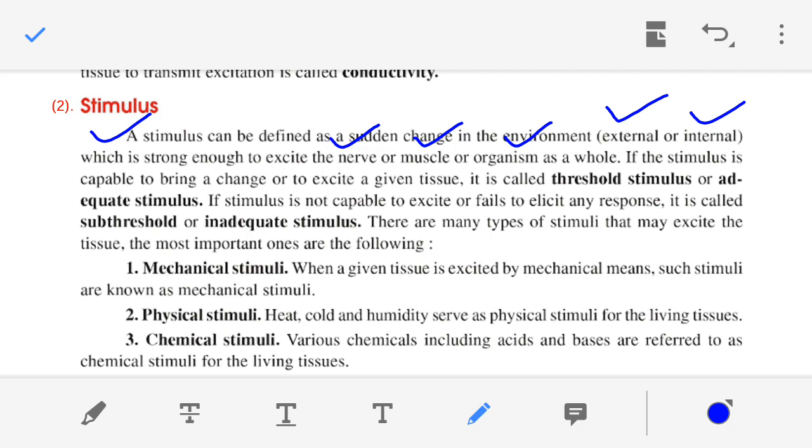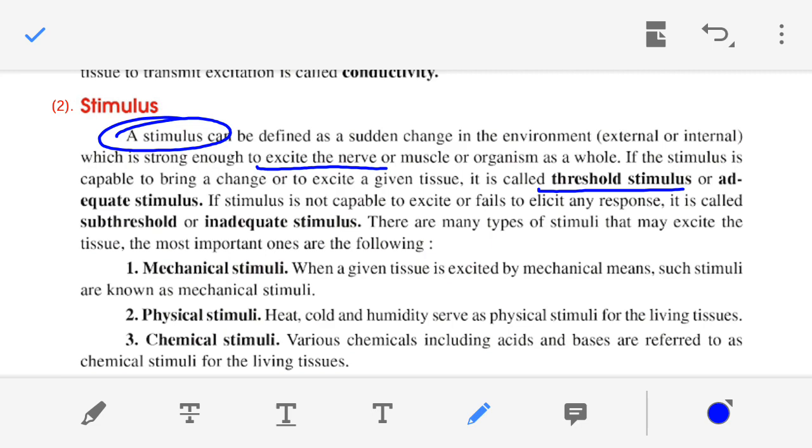So in short, the stimulus is responsible for the excitement of our nerve cell or neuron, and the nerve impulse is generated if the stimulus is strong. So this strong stimulus is known as a threshold stimulus or adequate stimulus.